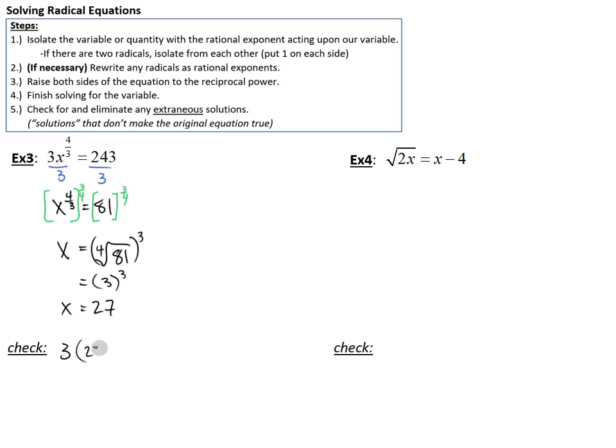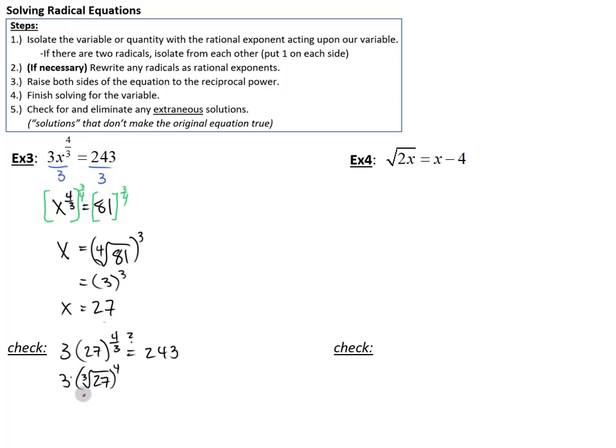So we're going to plug in 27 to the 4/3 power, so this is from the original equation. Does this equal 243? So we would simplify in the parentheses, which we can't, but do exponents next. And this is the cubed root of 27 to the 4th. Again, remember the bottom number is the root, times 3.